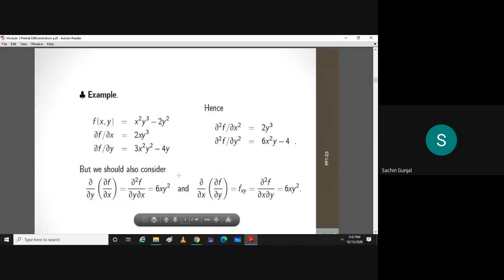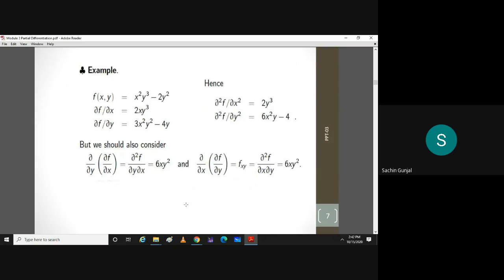We have seen these derivatives in the morning, and then we observed that fxy and fyx are the same. It is the same for a continuous function whose first order partial derivatives are also continuous.